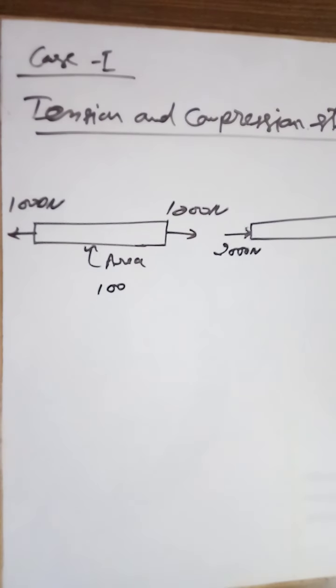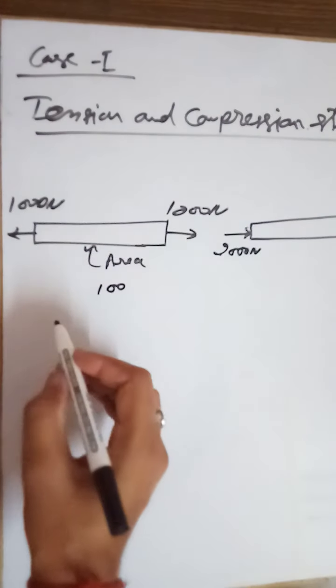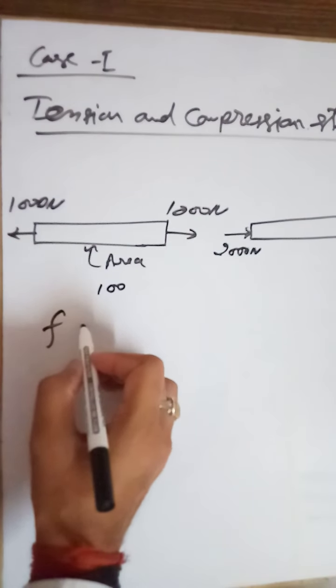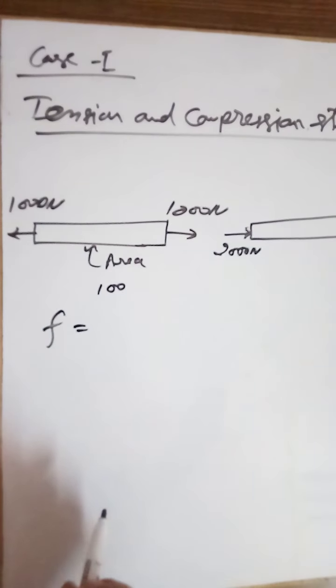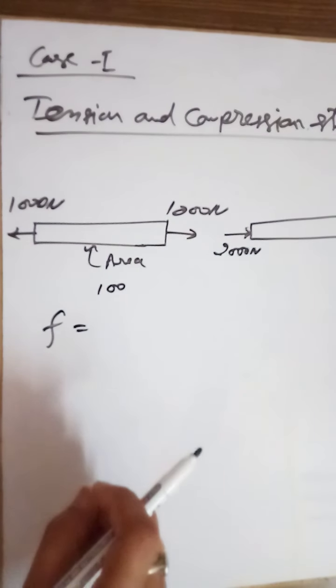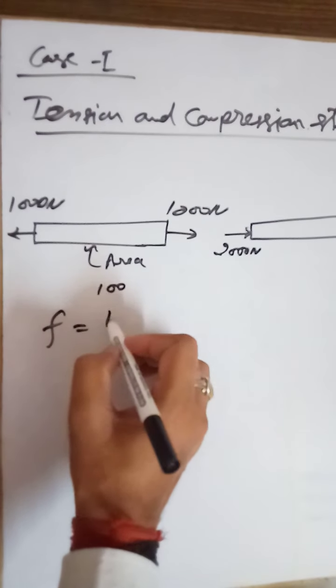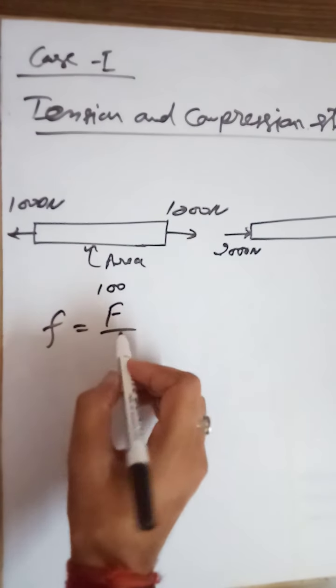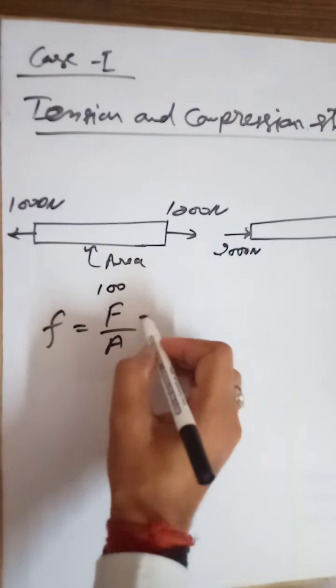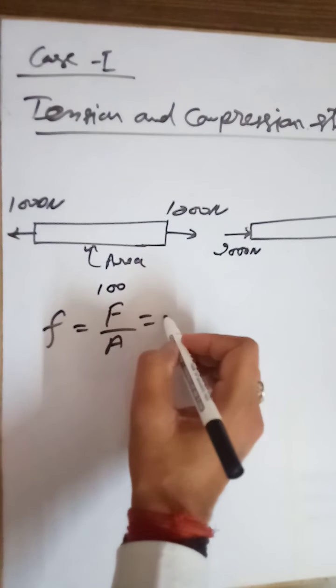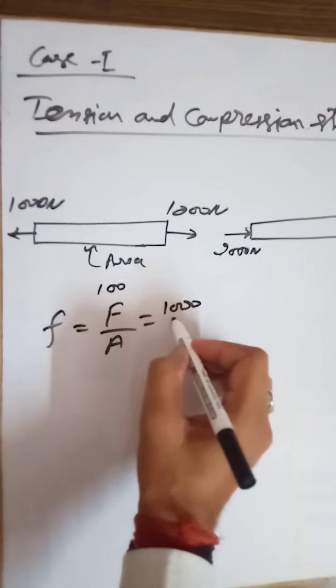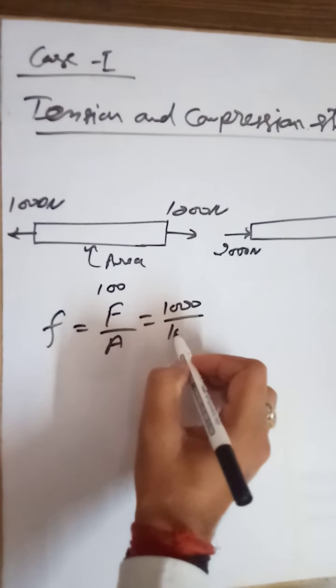So what will be the resultant of these two, that we need to find out. First we will find out what exactly the stress is, which can be calculated as the force applied per unit area. In this case it is 1000 newton per 100.